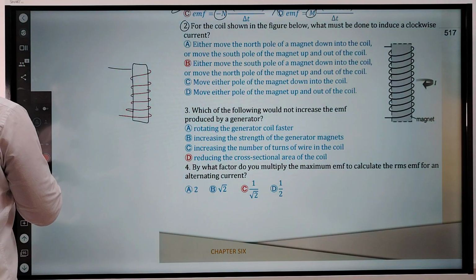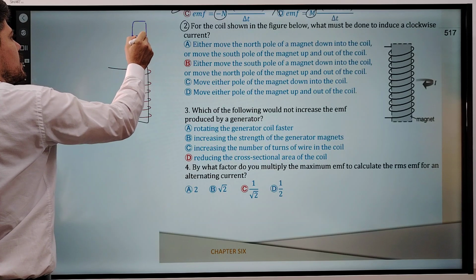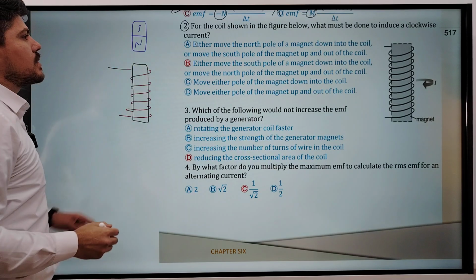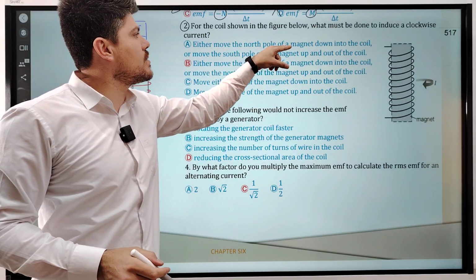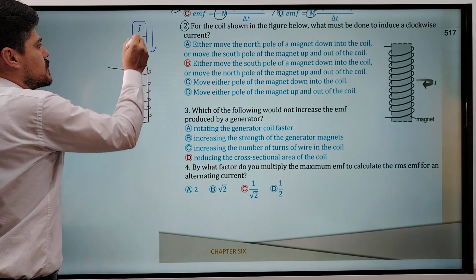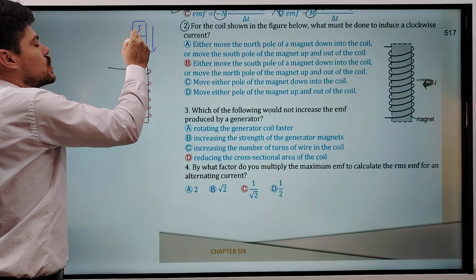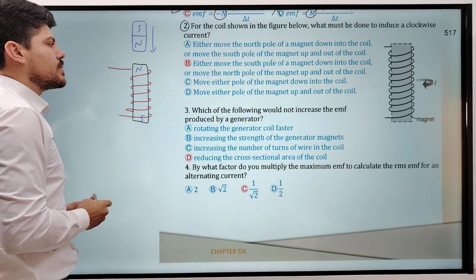For example, if you have a magnet, north-south. In the case when we move the north pole of a magnet down into the coil, so in the case of an approaching north pole, this end also becomes what? North. This end becomes south.